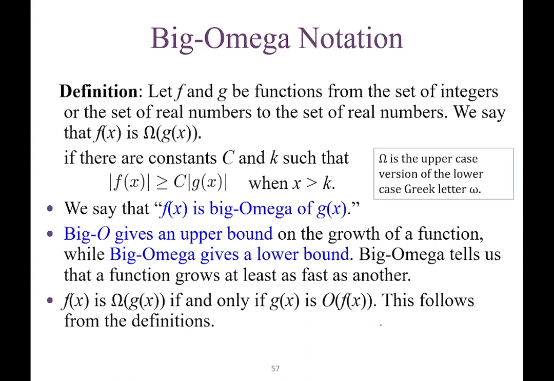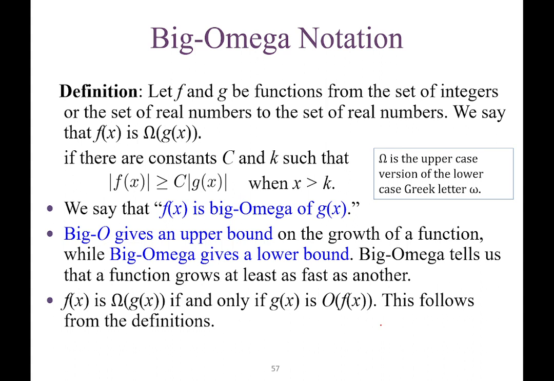F of x is bounded by g of x. So actually we are discovering the upper bound of the functions. When you are measuring the growth of these functions, once it can always be dominated by the other function, then we know what the worst case of this algorithm is.